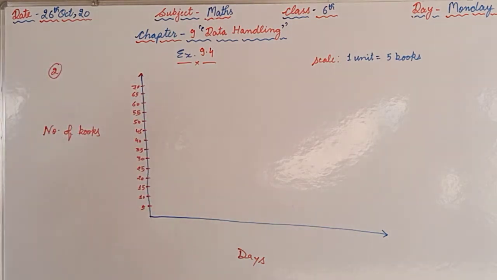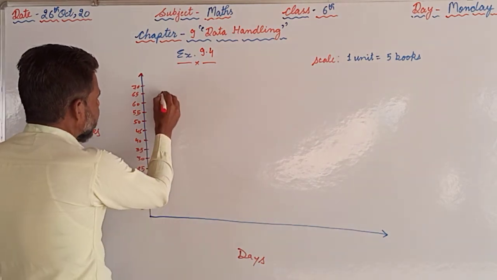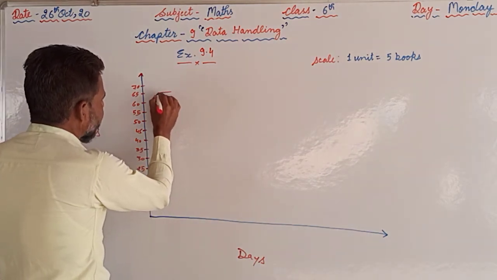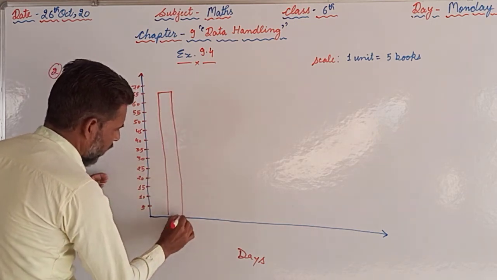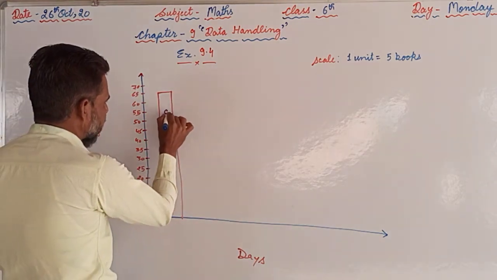So first of all, we are supposed to represent the number of books sold on Sunday, and that is 65. So 65, and then the vertical column, that is for Sunday.